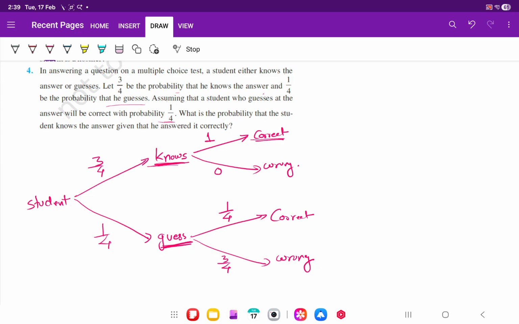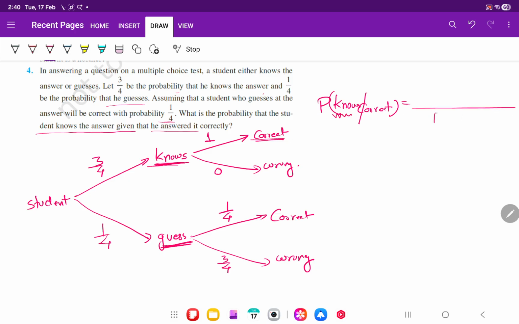We have to find the probability that the student knows the answer given that he answered correctly. So he knows the answer and the condition is that it is correct. The answer has to be correct. So what is the probability that he knows?